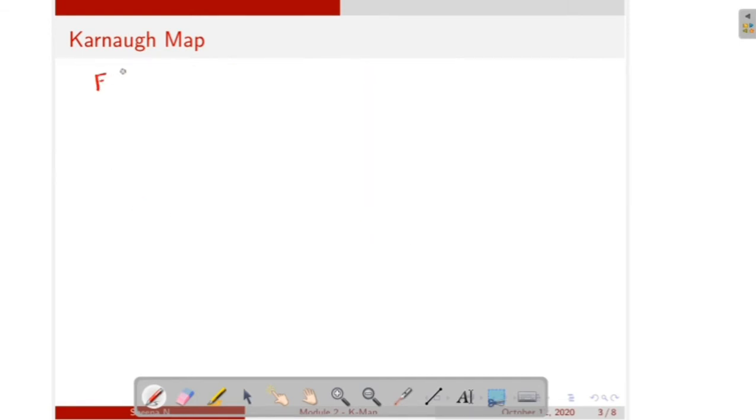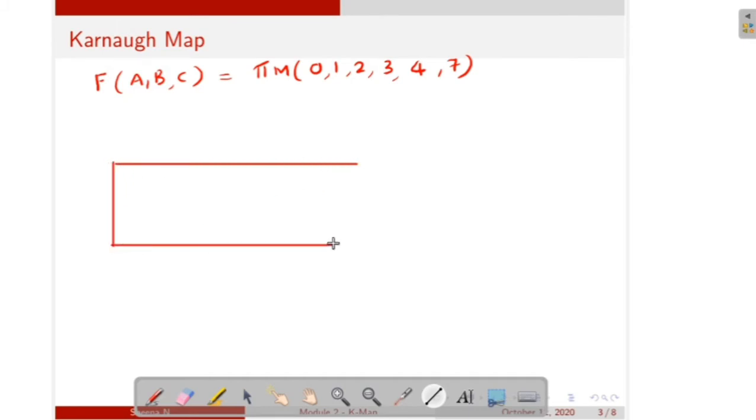Suppose we are given a function F(A,B,C) equal to pi m of 0, 1, 2, 3, 4, 7. Simplify this product of sum expression. First we have to draw the K-map. So the K-map has 8 squares.